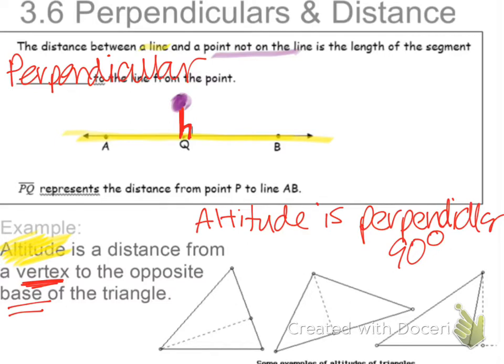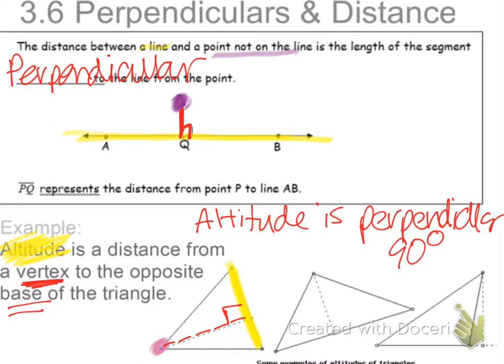And so these three examples are showing how we have this line and we have this point that's not on the line. Okay, so from this vertex to the opposite base, I would need to draw in this perpendicular line, and that would be my altitude, or my distance. My distance between that point and that line would be that perpendicular line.